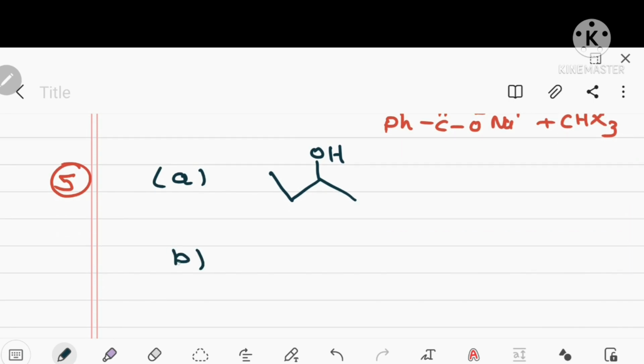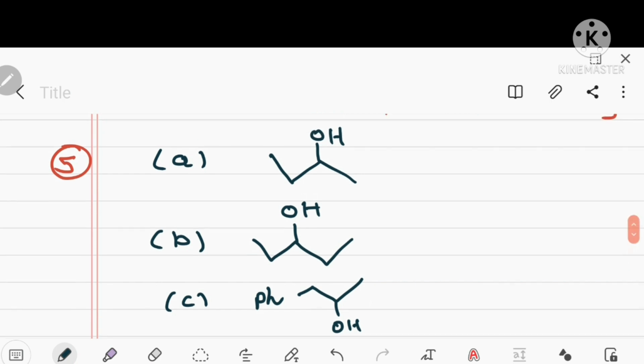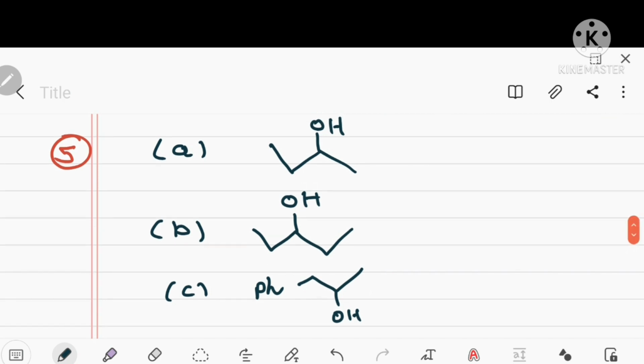Then after that B, this kind of compound, and then after that C. So solve by yourself.